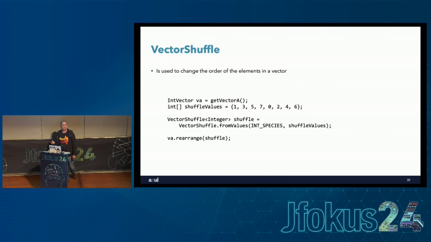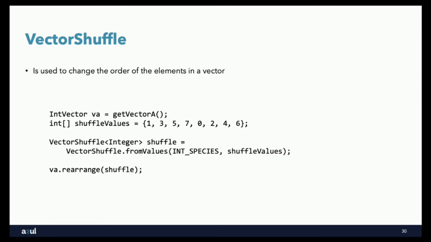We can also shuffle vectors. And again, this gives the ability to take a set of values and then reorder them in a way that we want to do specifically. So the example I've got here is, let's say we've got 8 values in our vector.